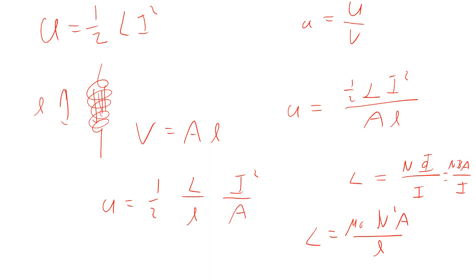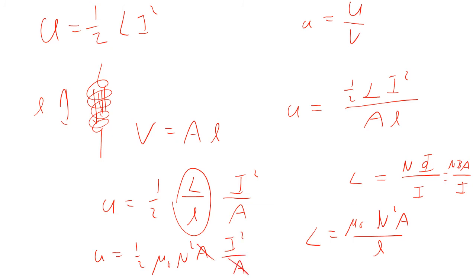Okay, and so we look at that and say, well, L over l is going to be equal to mu naught N squared A. And so this will be u equals 1/2 mu naught N squared A I squared over A. So the A's cancel.